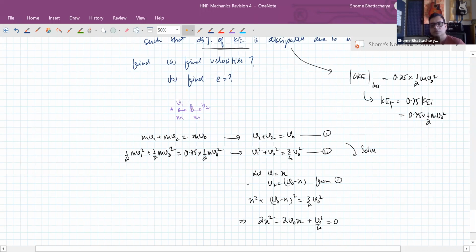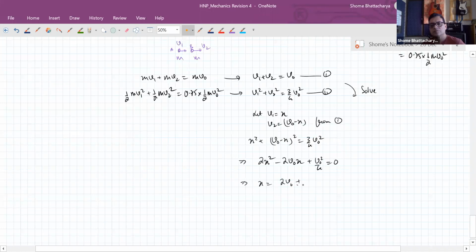From this you can see that your X will become like this. Now you can see the two roots.